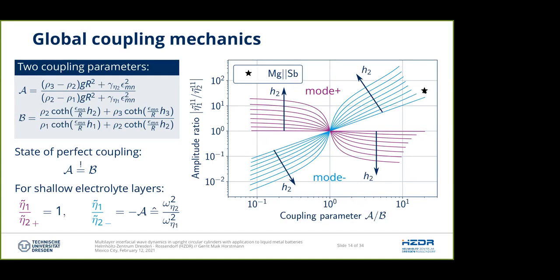And you can see that you have here an extremely large amplitude ratio, around 30 to 40, which means the upper interface displacement is almost 40 times higher than the displacement in the lower interface, which finally reveals why we only have seen a wave in the upper interface. So this is perfectly predicted by the simple coupling theory. We don't need Lorentz forces for this.